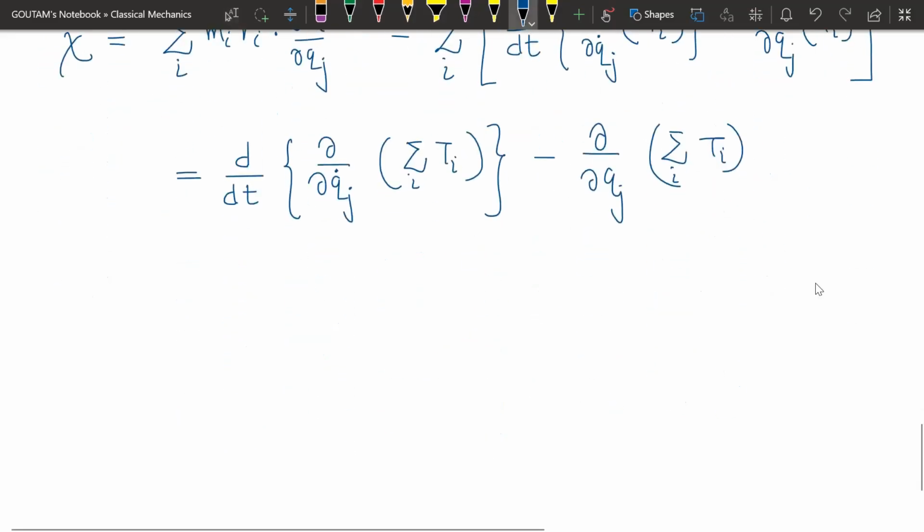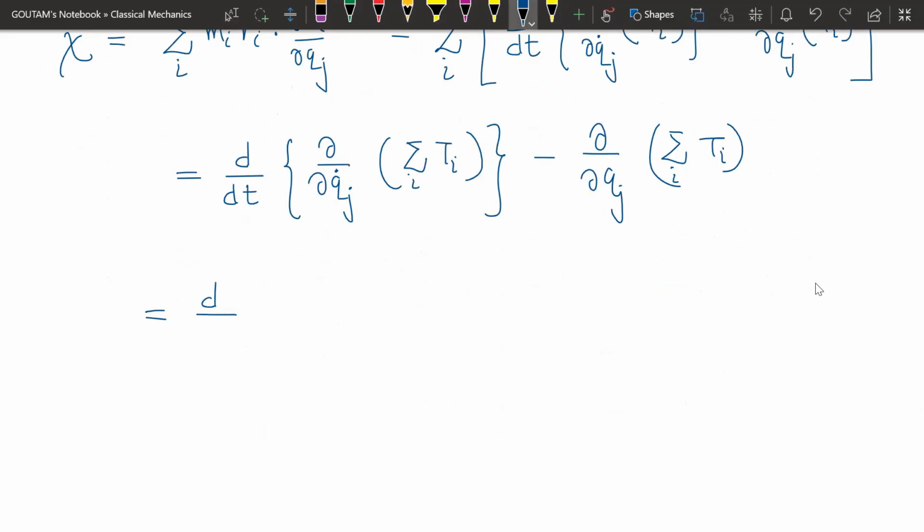And what is the sum over i of Ti? Ti is the kinetic energy of the ith particle. If we sum over all the particles, we get the total kinetic energy of the system, which we will denote by capital T.